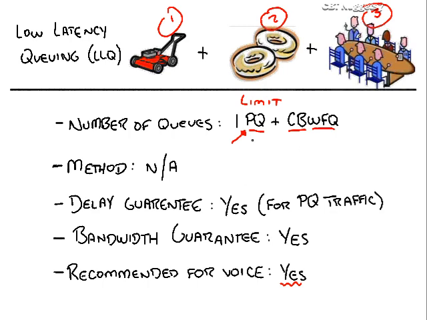So if I say I want 500 kilobits per second for the priority queue, that 500K is all the priority queue can use. Never, ever, ever will it go above that and start encroaching on some of the bandwidth that you've allocated for all of your other applications. The donuts come back into play because we still have custom queuing. We still have the ability to say, okay, well, 500K, or maybe you might just say 30% of my interface bandwidth will go towards the priority queue.